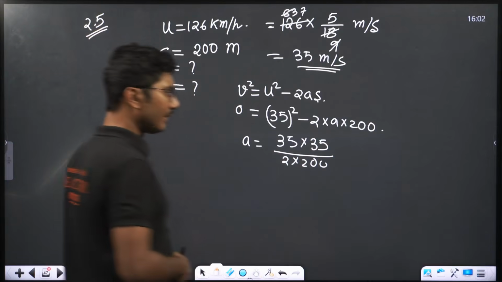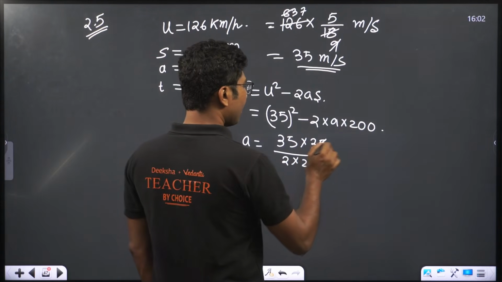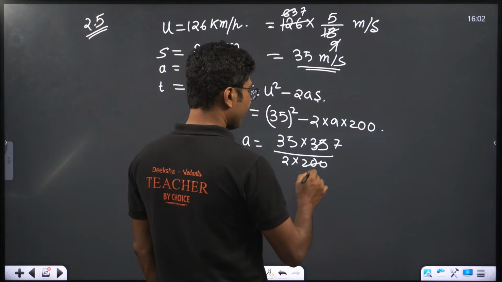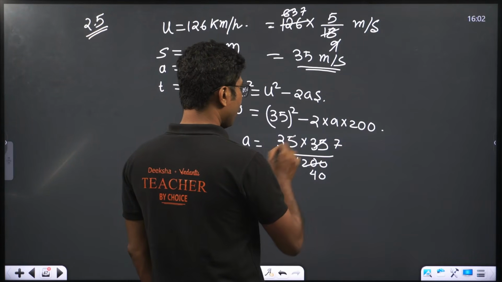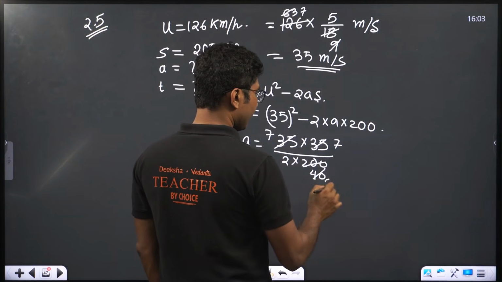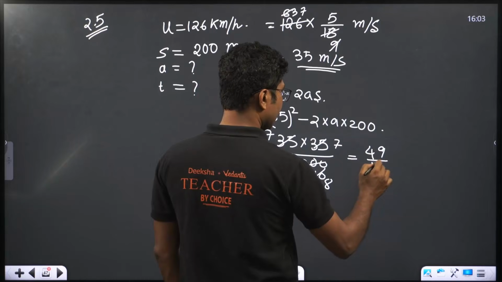Obviously you need to calculate and simplify it, using a calculator if needed. 5 7s are 35, 5 4s are 20; 5 7s are 35, 5 8s are 40, so it will be 49 by 16.